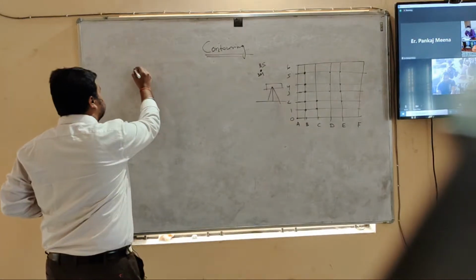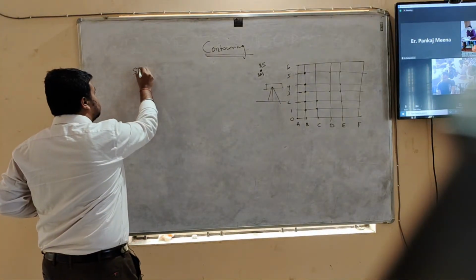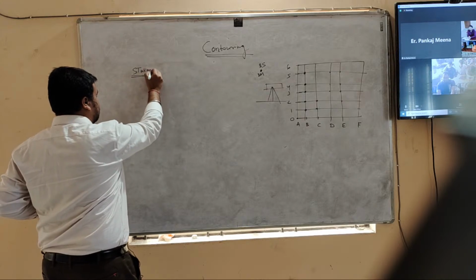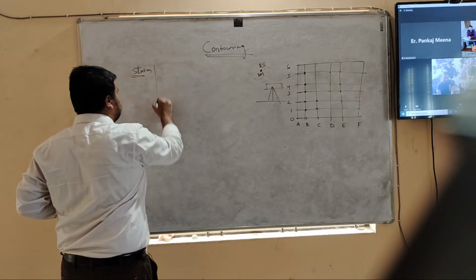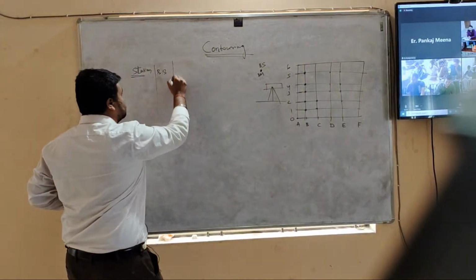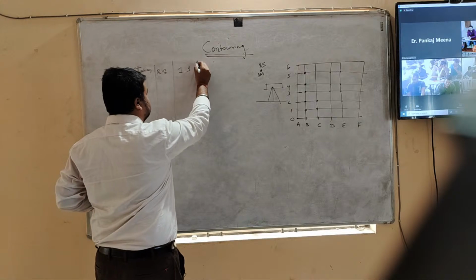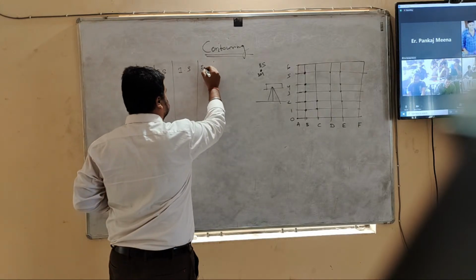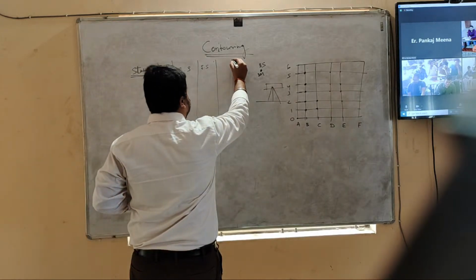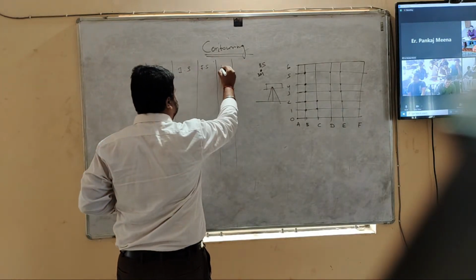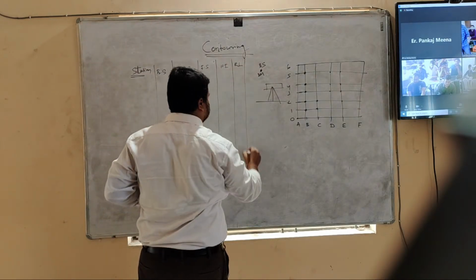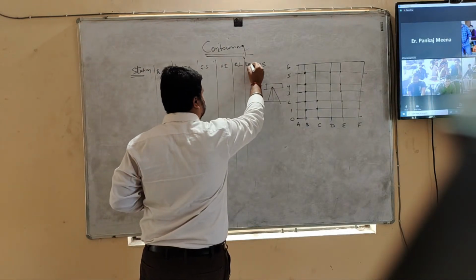So in the Excel file, this is station, and after that this is your backsight, this is your intermediate sight, and this is your foresight, and here your height of the instrument, and on this side your RL, and on this side you can take the remark.